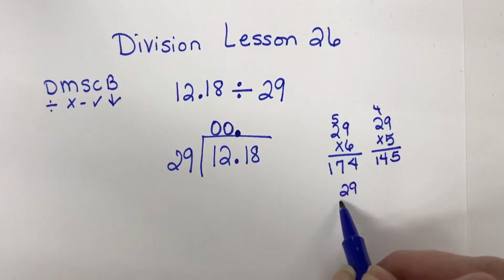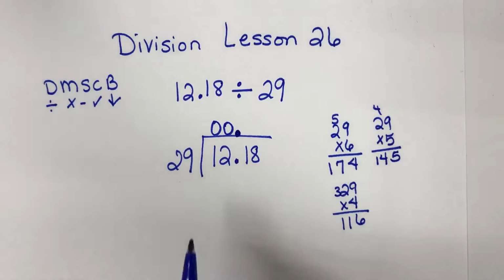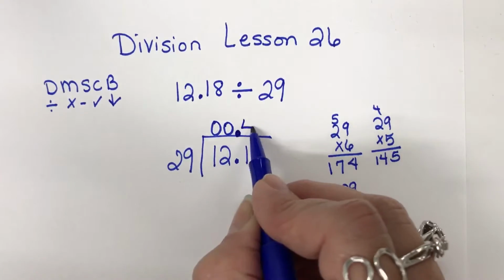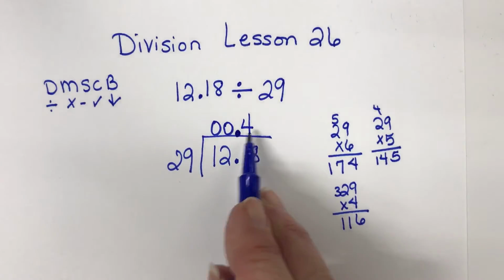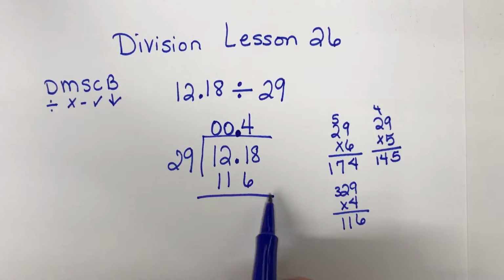Let me see what 29 times 4 is. That's 116. 29 will divide into 121 4 times because 4 times 29 is 116.